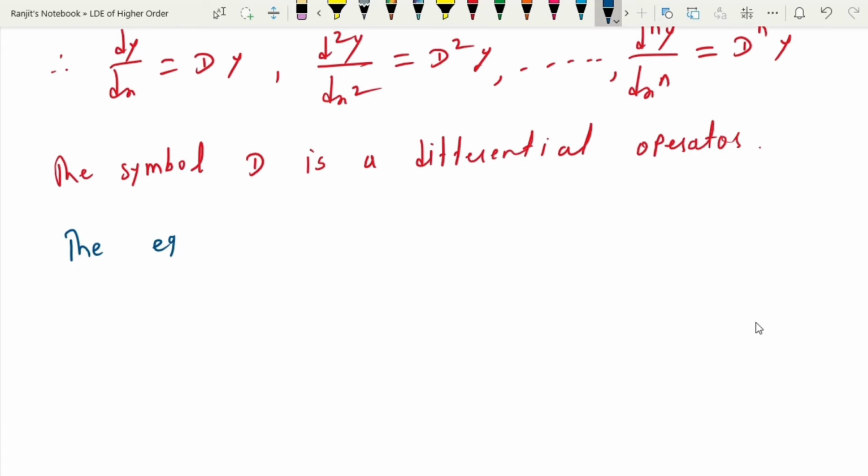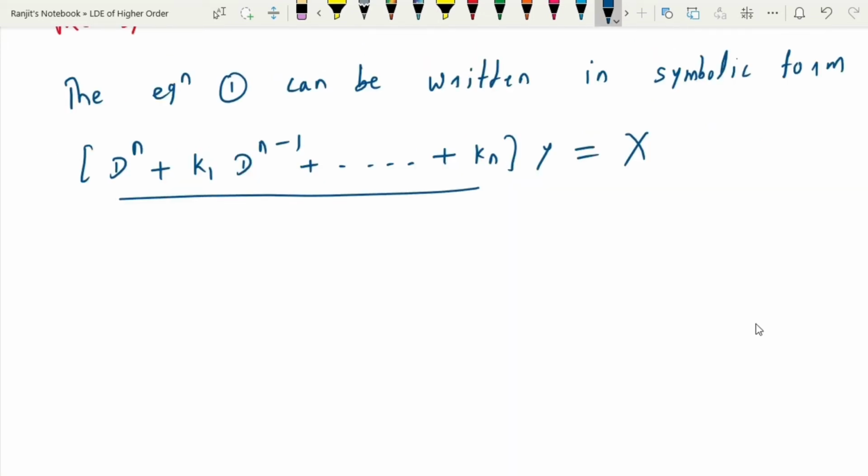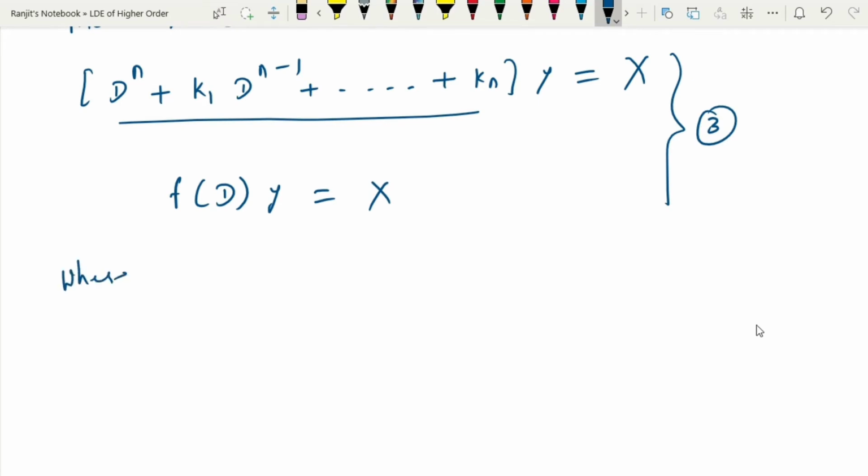Now equation 1 can be written in symbolic form as (D^n plus k1 D^(n-1) plus ... plus kn) y is equal to X. We denote this polynomial by f(D) y is equal to X, where f(D) is equal to D^n plus k1 D^(n-1) plus ... plus kn.